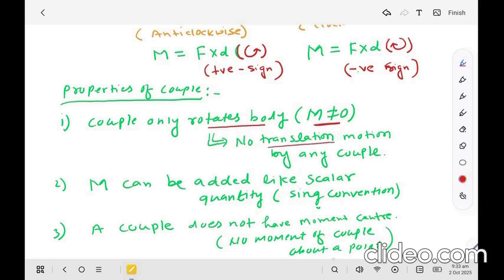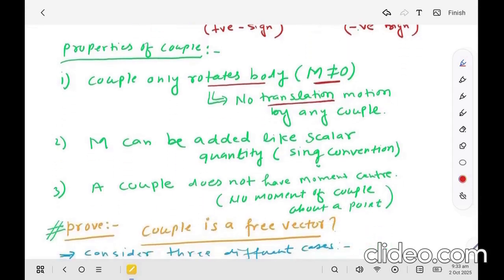Even if the net force acting on the body is zero, if the moment of couple is non-zero, the body will rotate, and any shifting of the body from one point to another will be due to the rotation, not due to translation. So the moment of the couple is only responsible for rotational motion, not for translation.